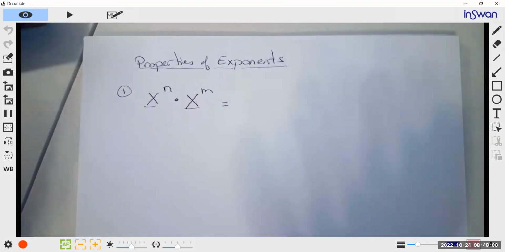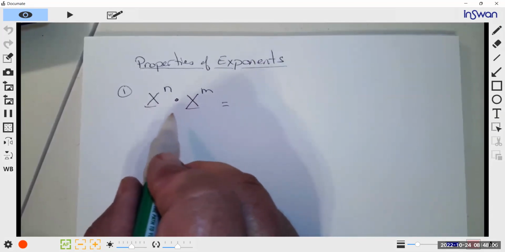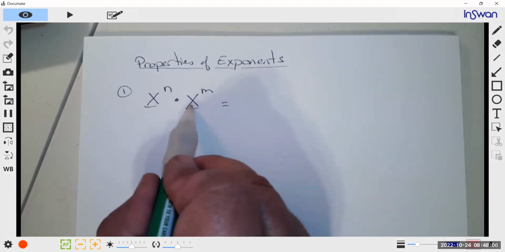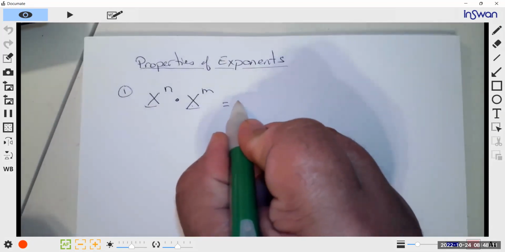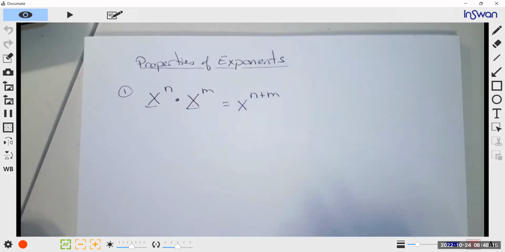Apples and oranges, apples and apples, oranges and oranges. So what this one says is whenever you're multiplying the same bases, you add the exponents. That's the power rule.